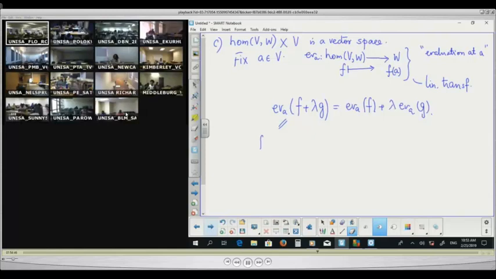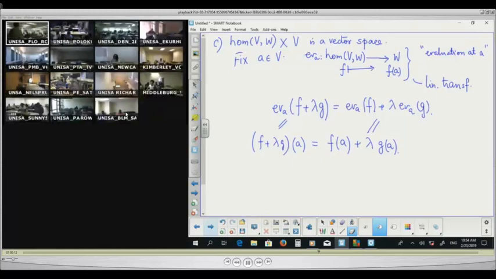I have to evaluate this at A. By my operations, this is the evaluation of F at A, and this is the evaluation of G at A. So done.